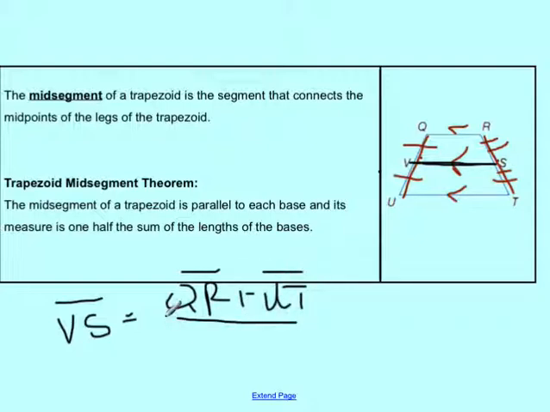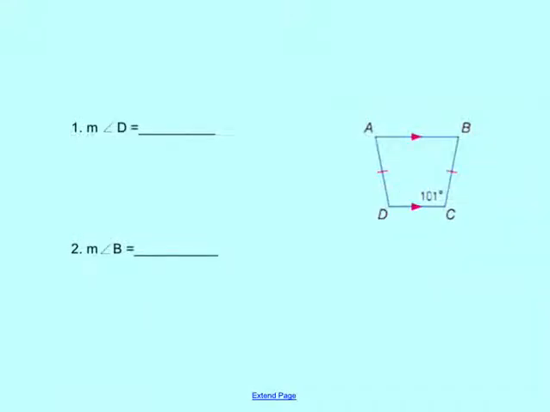And then once we've added those together, we divide them by 2, and that will give us the length of our mid-segment VS. So that's something we're going to start applying as the unit goes on.